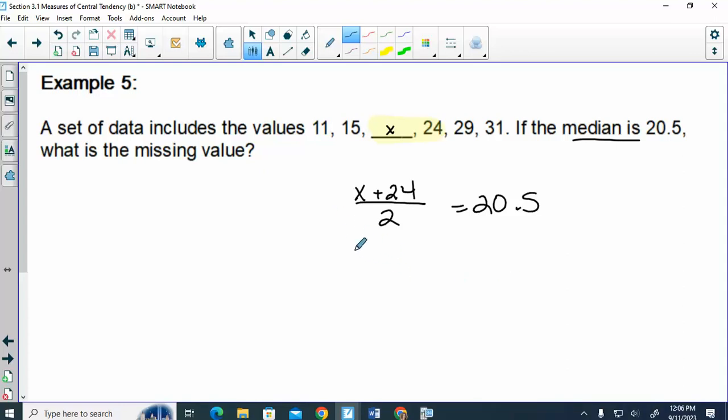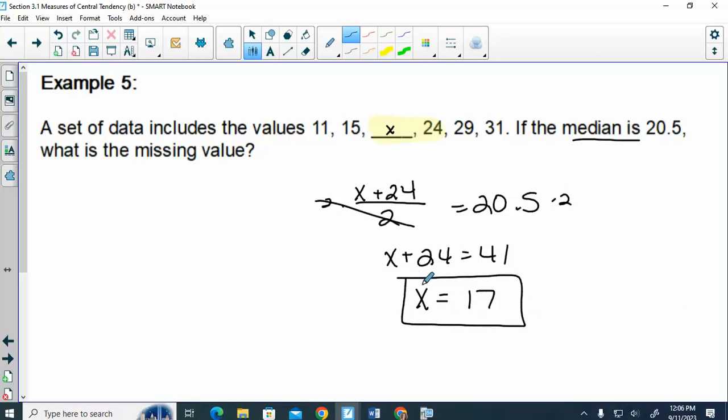So to solve for x, we can multiply by 2. Subtract the 24. So my missing value was 70.